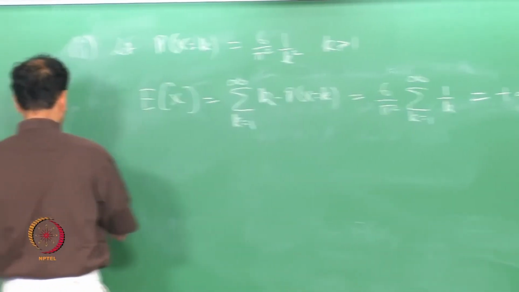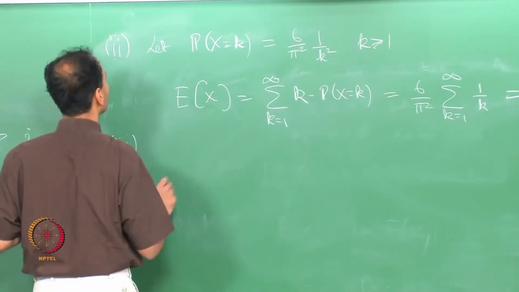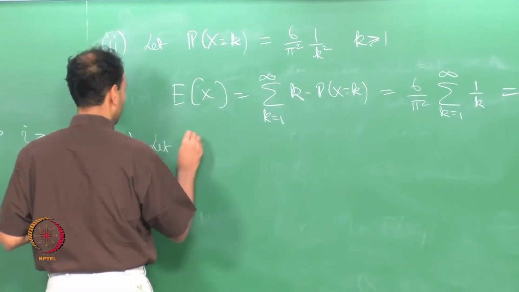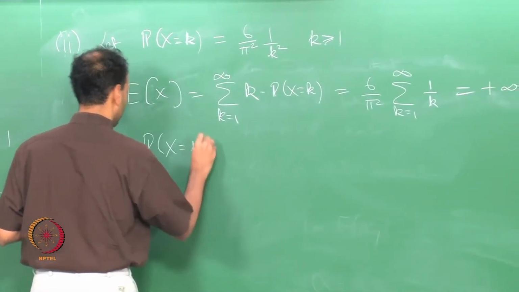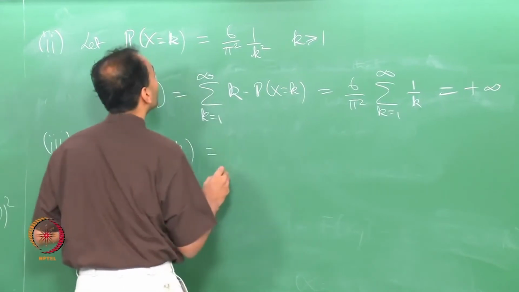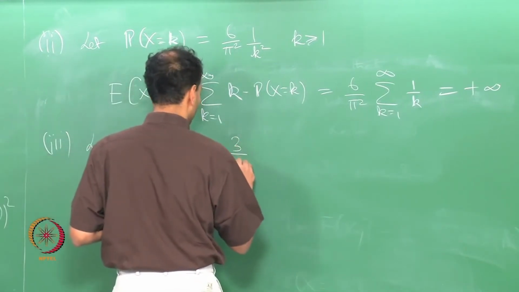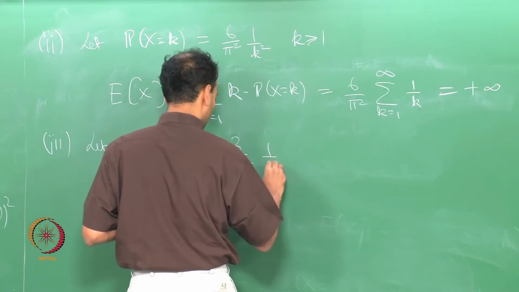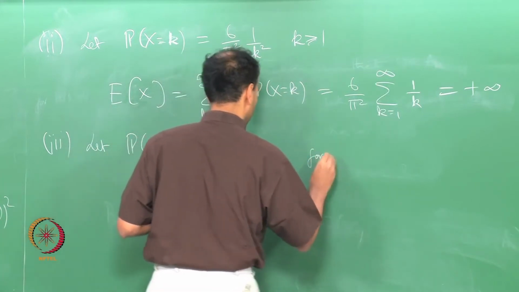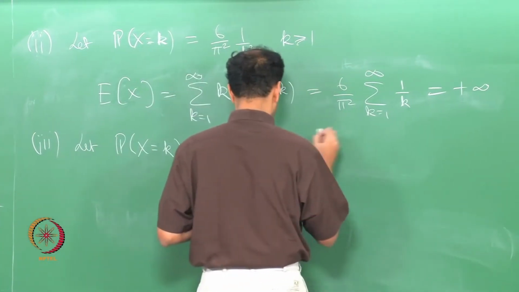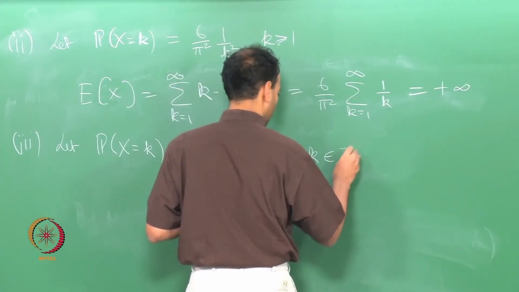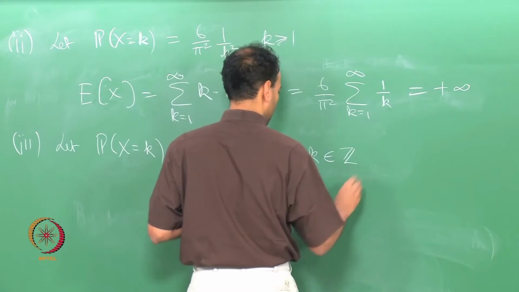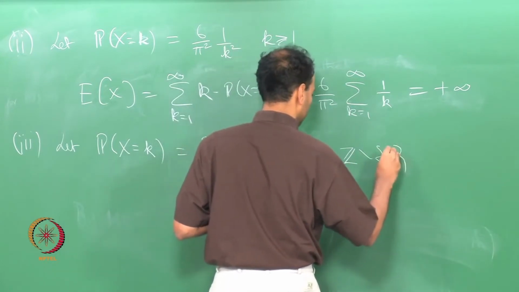So, let us consider this example: the probability of X equal to k is equal to 3 over pi squared times 1 over k squared, for k in all integers but not 0, okay.